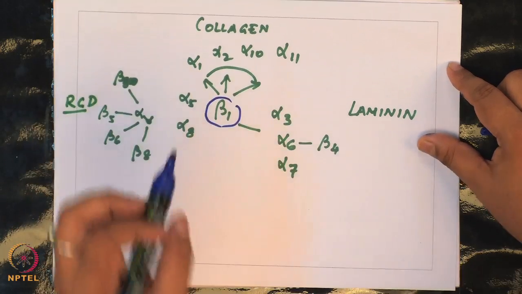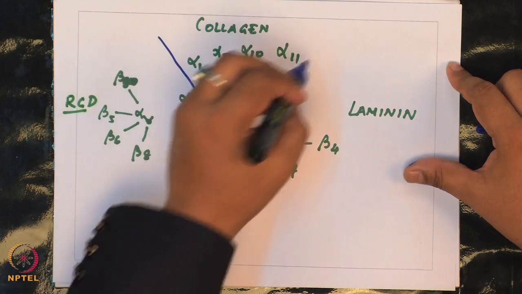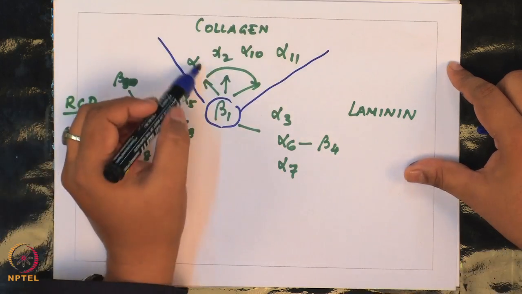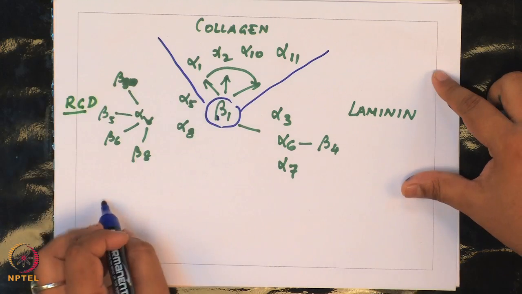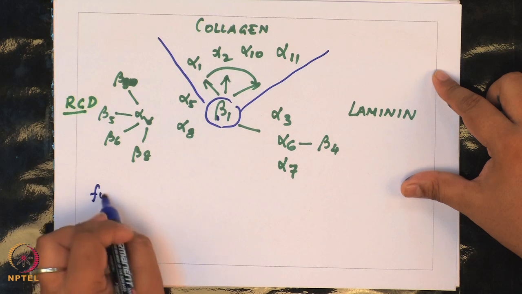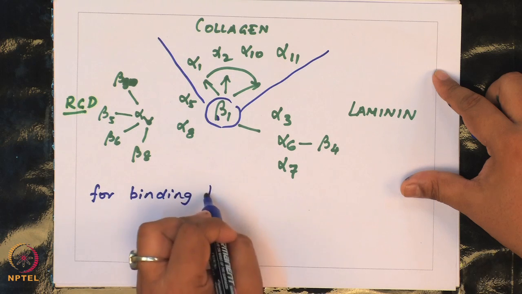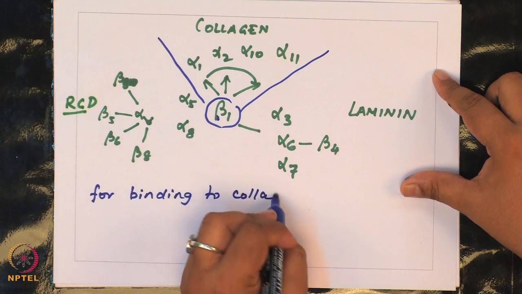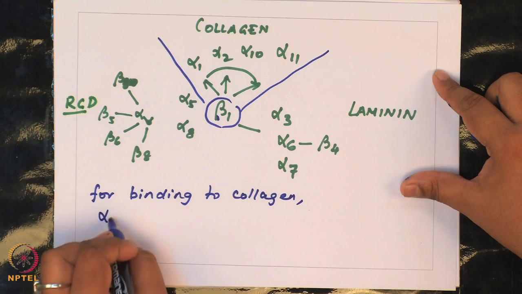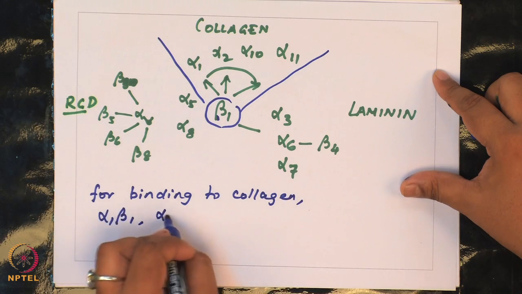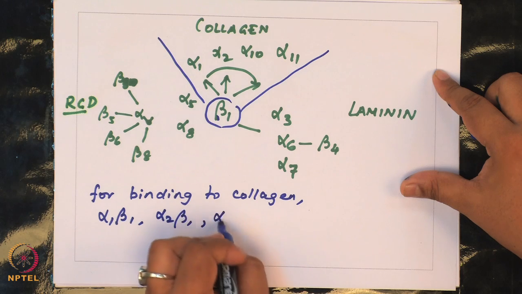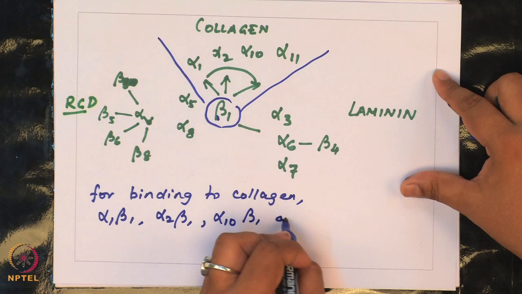So, for all these collagen receptors, you can have alpha 1 beta 1. So, for binding to collagen, you can have alpha 1 beta 1, alpha 2 beta 1, alpha 10 beta 1 and alpha 11 beta 1.